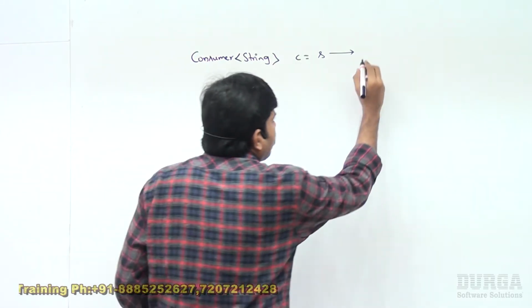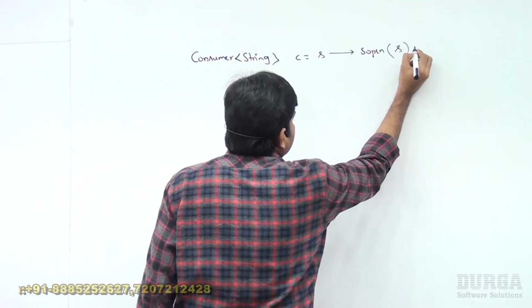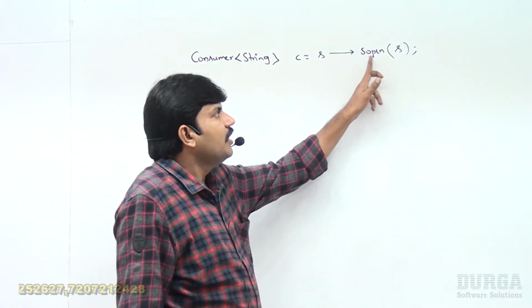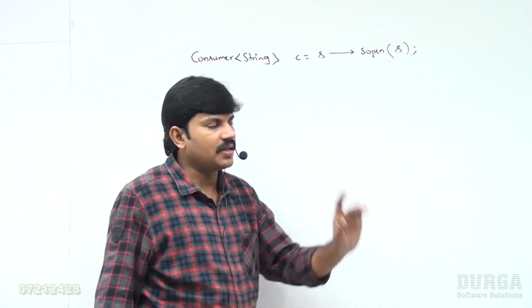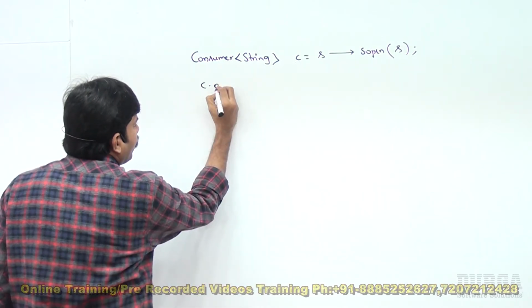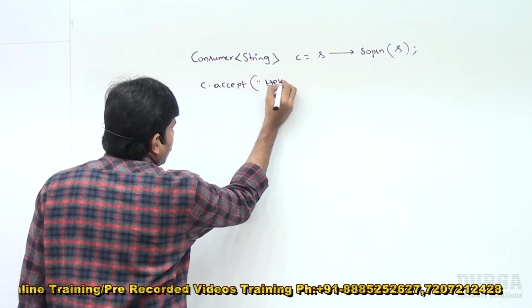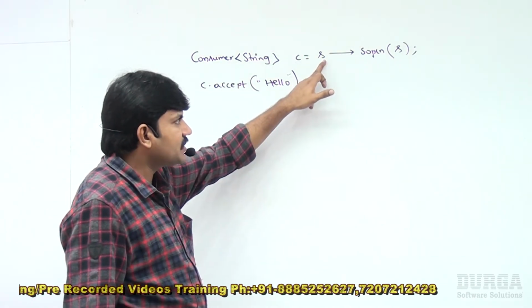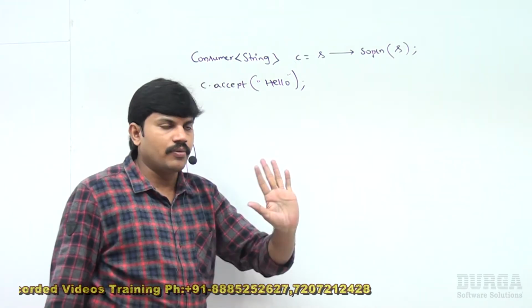Nothing beyond that. Now c.accept("hello"). This hello will become s, and the accept method is going to print that hello.